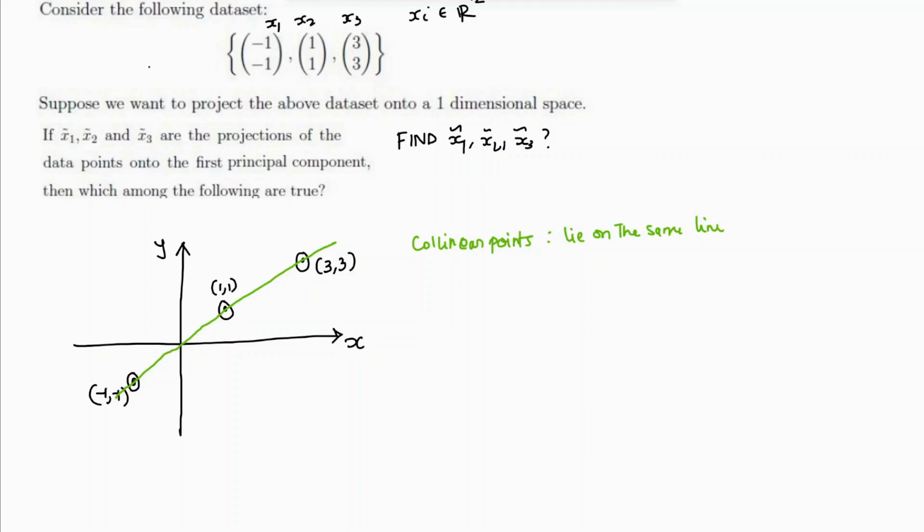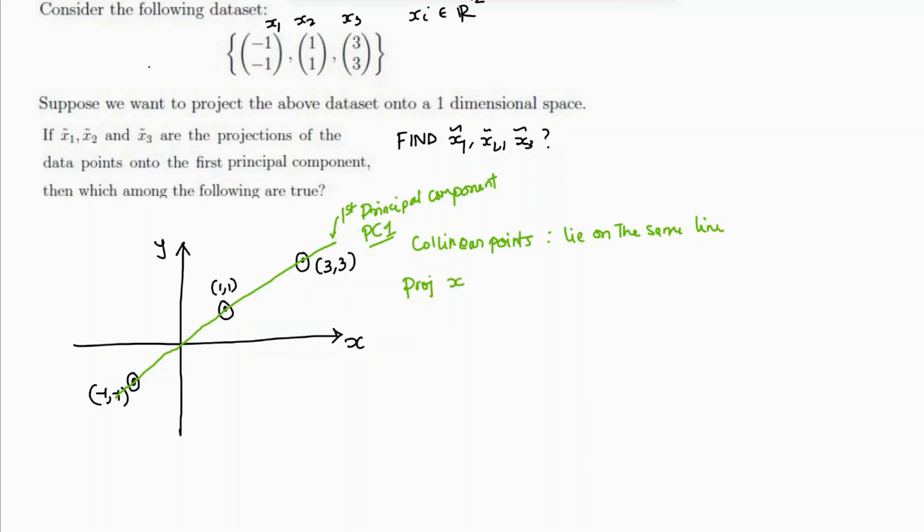We have already seen that they lie on the same line, and this green line here is the first principal component, sometimes referred to as PC1. So what will be the projection of these points onto the line? It will be the points themselves, right?